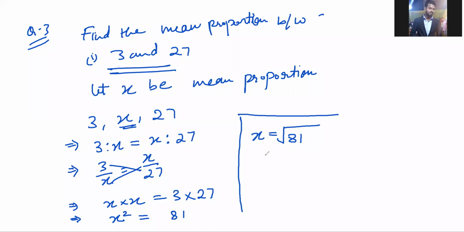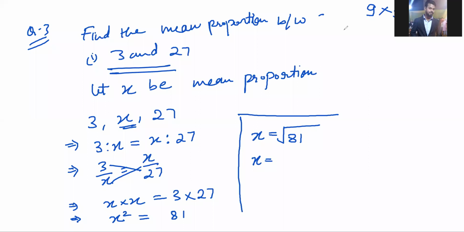So root 81. So what is the value of root 81, beta? What is the value of root 81? Tell me. Which number is there, if we multiply the number with the same number, we will get 81? 9, because 9 nines are 81.